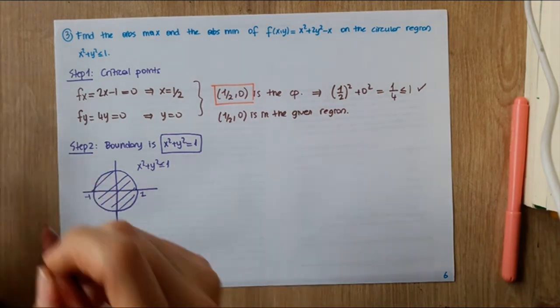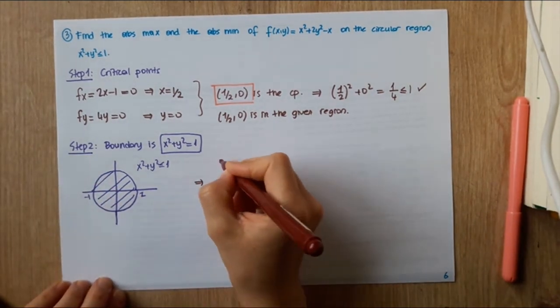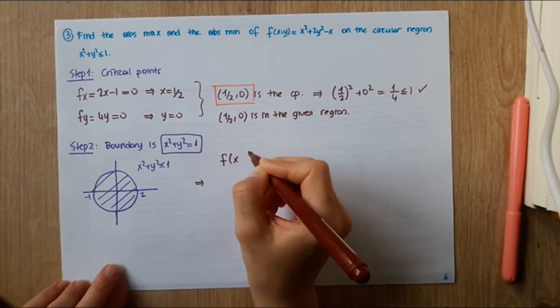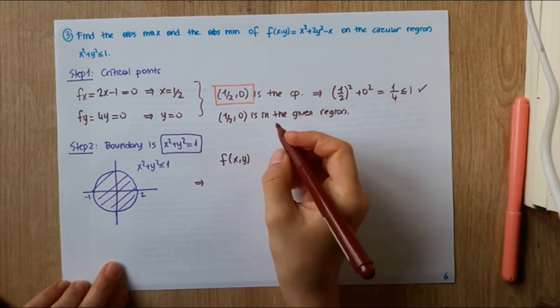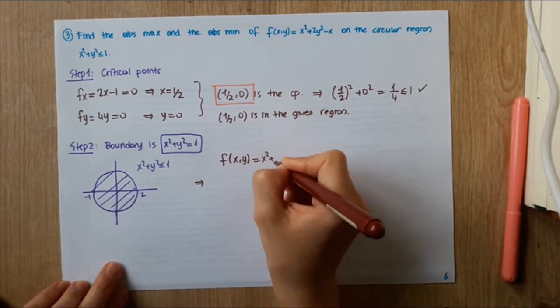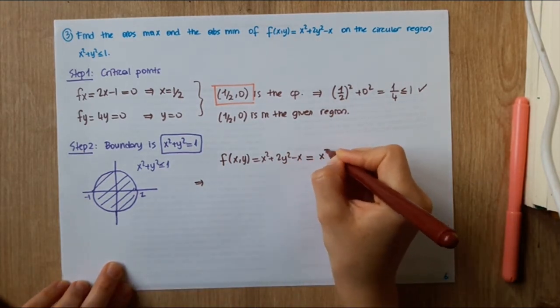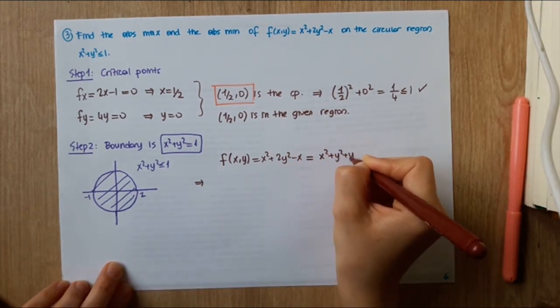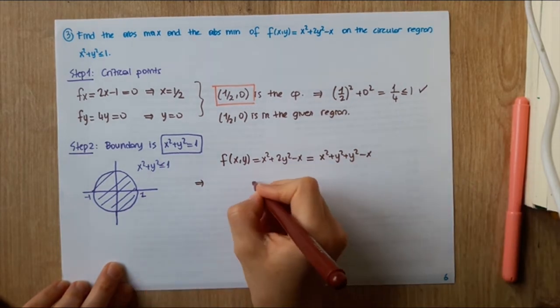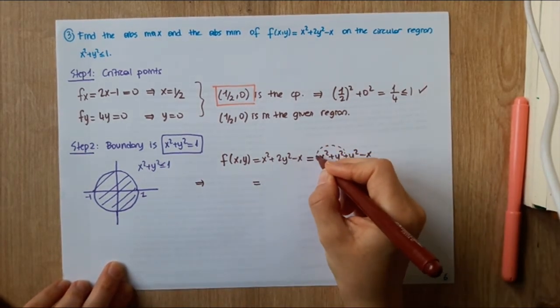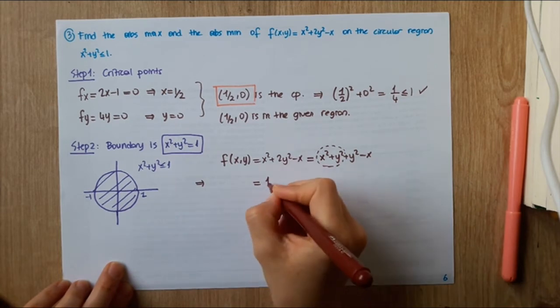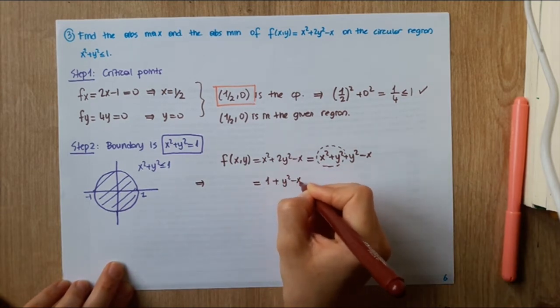So to analyze it, I will substitute the boundary in my function. First of all, I will separate this y squared like that. Because this part is 1 on the boundary, I will write 1 plus y squared minus x here.